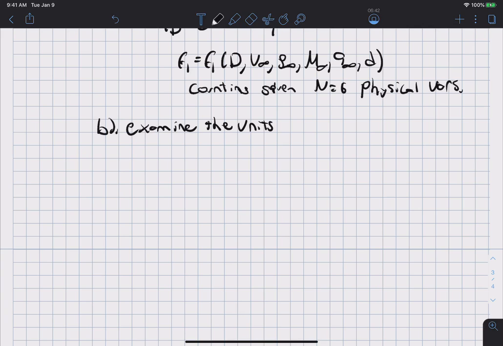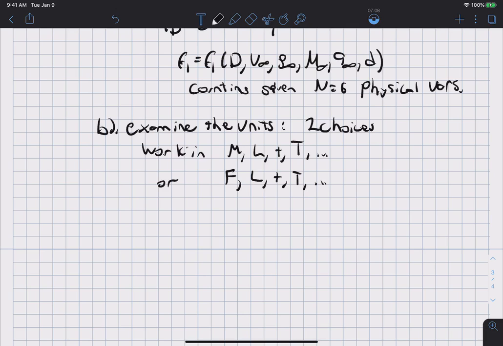You could work in mass, length, time, temperature, etc., or force, length, time, temperature, etc. Okay, it is up to you which one you choose. I typically like to use the mass-based system, and so I'm going to do all my examples in the mass-based system. In some other cases, it's more straightforward to use the force system.